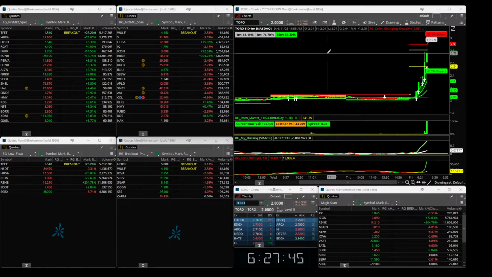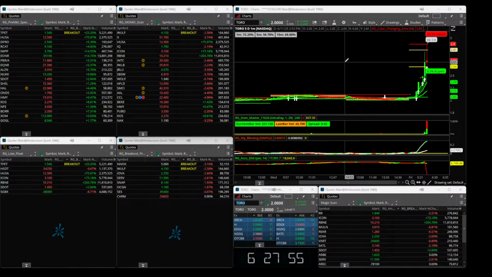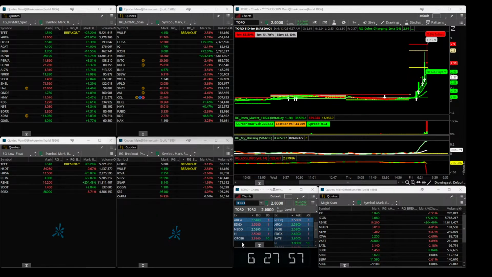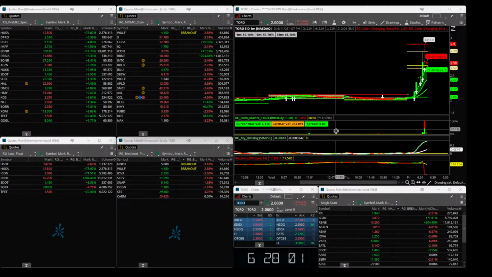We need all green. All green is the only time I will click the button. And then I give it a second or two, just to make sure it holds.